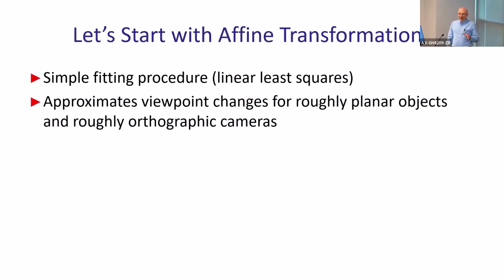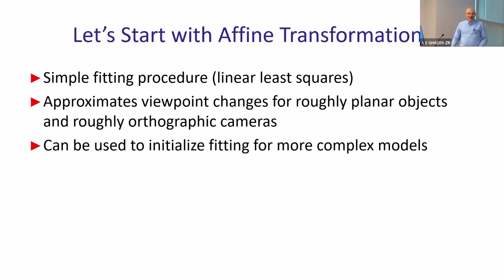And it is approximately working with planar images, orthographic cameras, regular basic stuff from computer vision. So it's relatively simple, and typically we are doing registration between objects which also could deform somehow non-linearly.